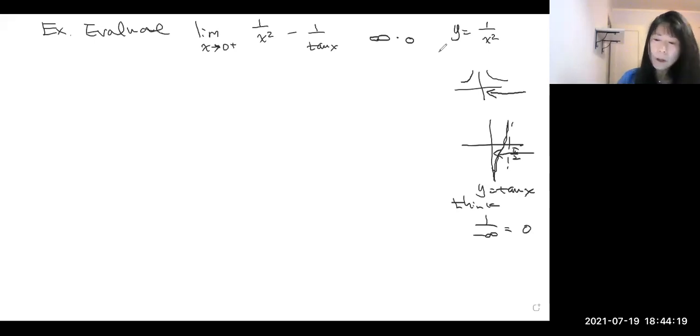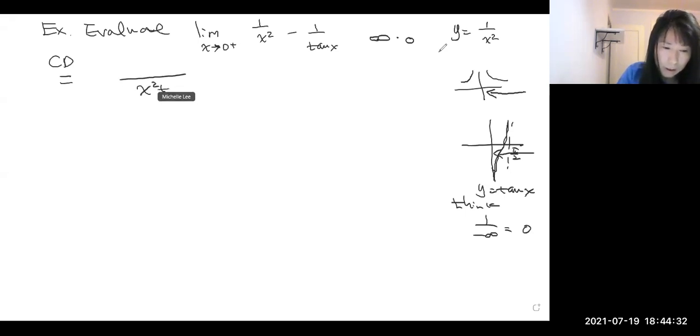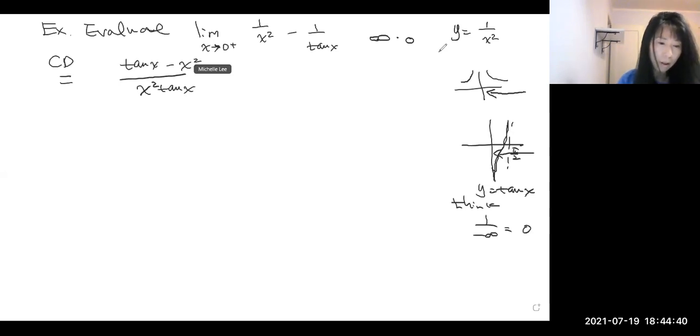Yeah. So now let us make a common denominator for this one. This is a technique, okay? So the common denominator is x squared times 10x, then 10x minus x squared, okay? Now, oops, let us think more.